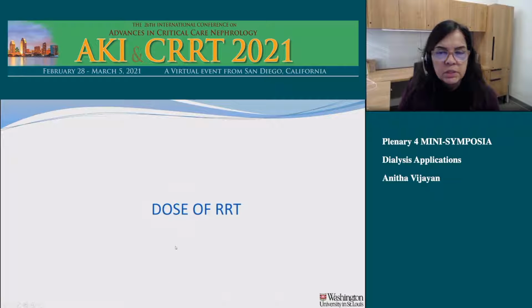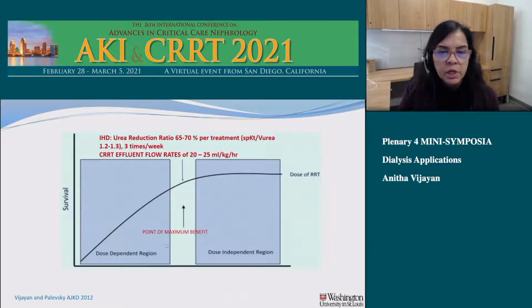What about dosing of renal replacement therapy? The recommended dosing from KDIGO is a urea reduction ratio of 65 to 70%, which translates to a single pool Kt/V urea of 1.2 to 1.3, 3 times a week for intermittent hemodialysis. For CRRT, the recommended effluent flow rate is 20 to 25 mils per kg per hour.